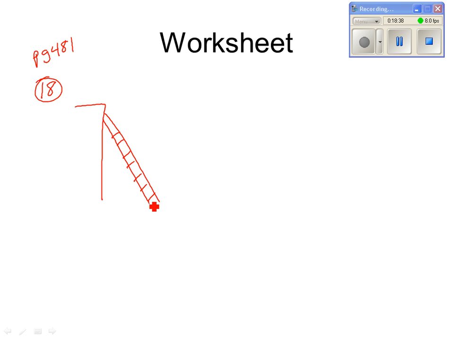A rung that is 5 feet from the bottom of the ladder is 4 feet above the ground. So this distance here is 5 feet, and it's 4 feet off the ground. We have the ground down here. How far above the ground does the top of the ladder reach? And the thing I forgot is they told us this whole ladder was 25 feet.